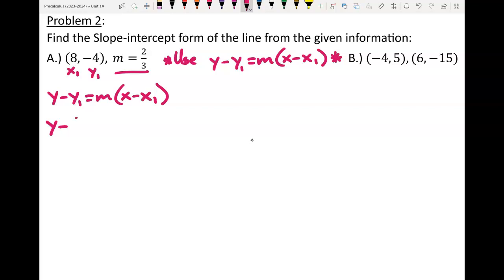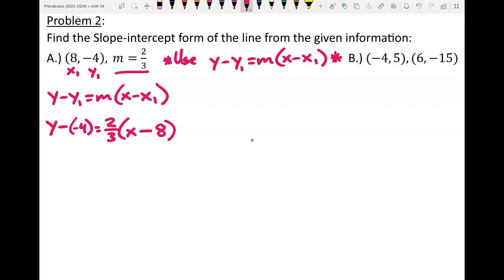So that would be y minus negative 4. Slope, what are we given as our slope? Cat, what's our slope? x minus, and then x1. What do I have labeled as x1, Sophia? 8. And then all we want to do is simplify that down to get my y equals mx plus b. All right?